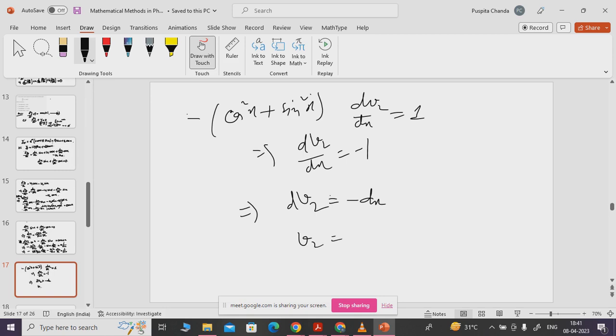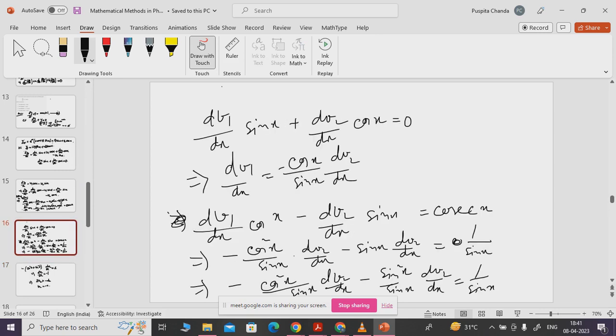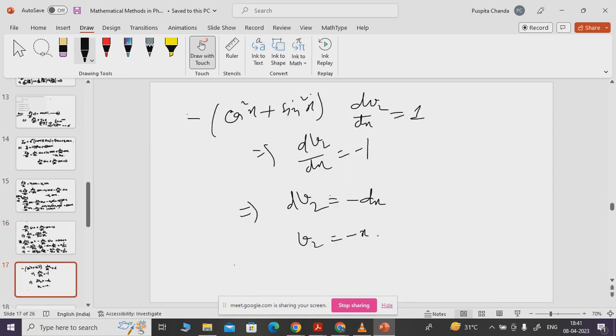Is equal to minus dx, so v2 will be minus x. Putting this value in this equation, we'll get dv2 dx, we already have as minus 1, so dv1 dx will be cos x by sin x.